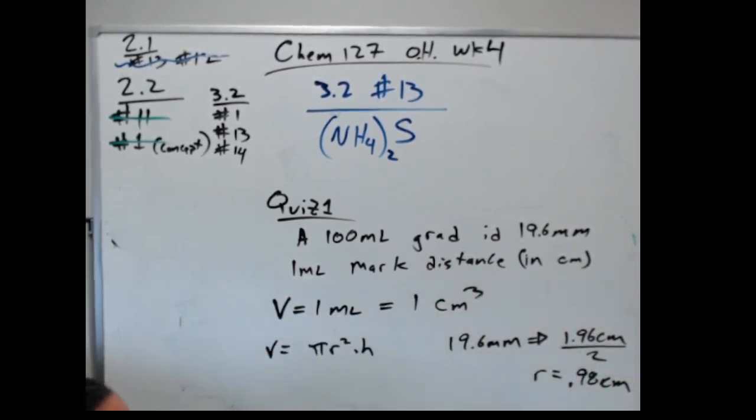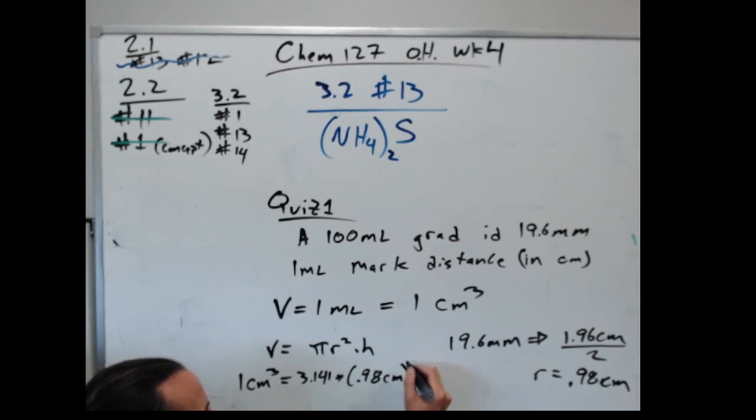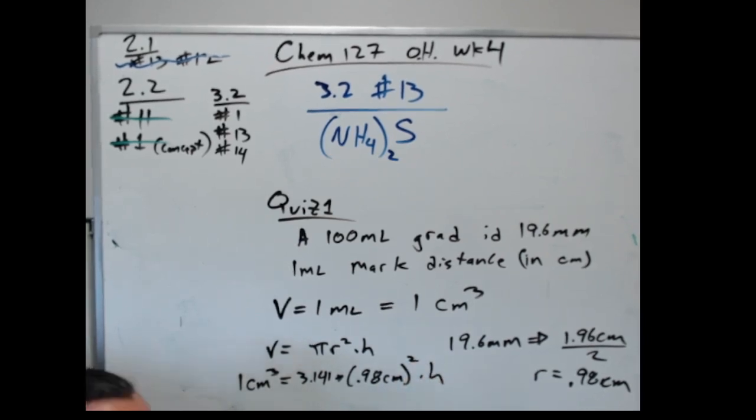So I know my radius, then I can do 1 centimeter cubed is equal to 3.141 times 0.98 centimeters squared times h. Notice when I divide all of these numbers over, I get h alone. 2 of my centimeters cancel out, and I just get centimeters.